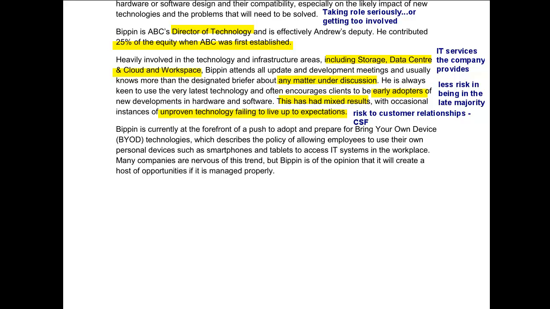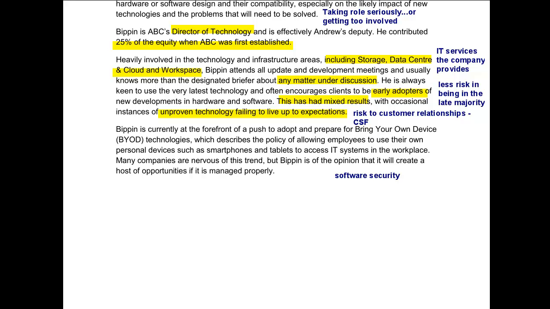And so, for a system like this to work, it would need some sort of software security, which of course is a service that ABC could provide.